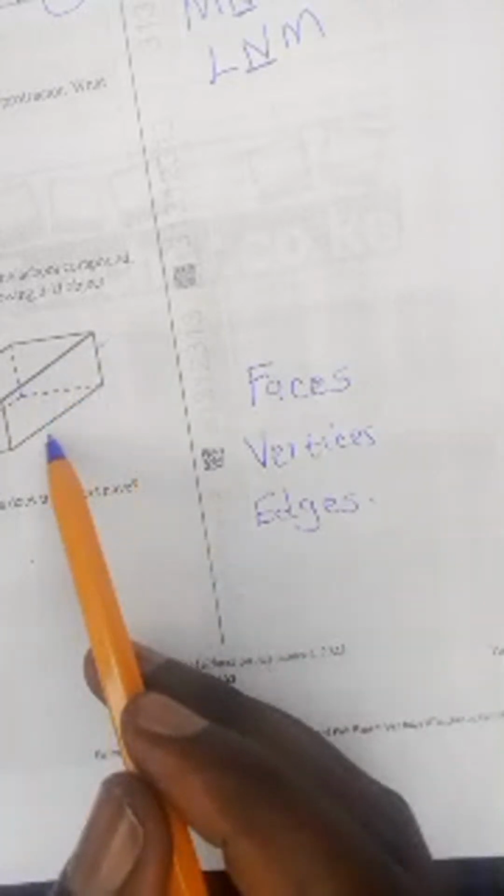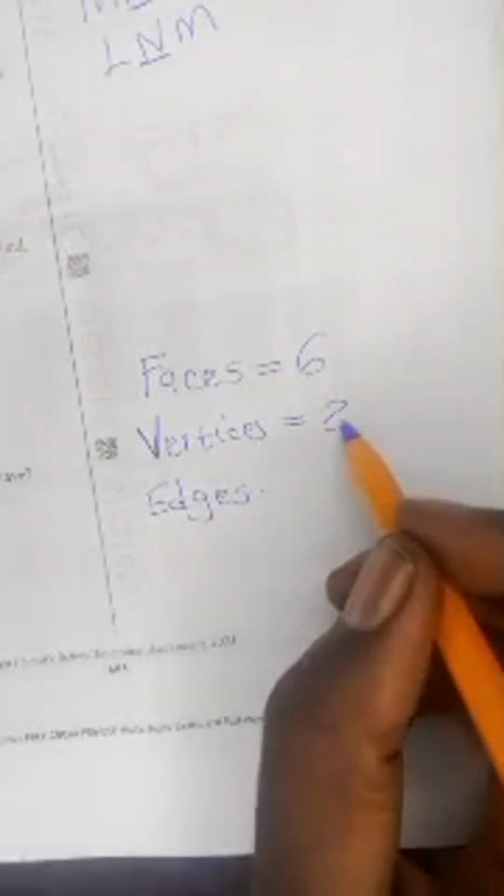So we have 1, 2, the one at the back 3, also this back 4, at the bottom 5, and at the top 6. So the faces are 6. The vertices comes from the word vertex. It means corners. So the corners 1, 2, 3, 4, 5, 6, 7, 8. So we have 8 vertices.